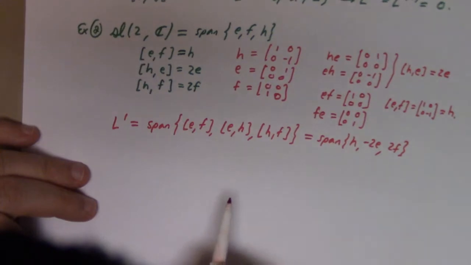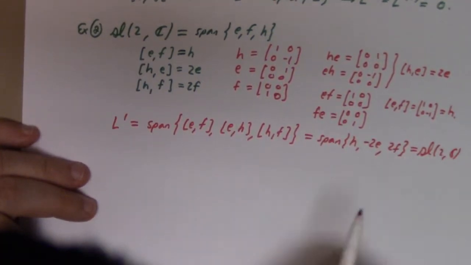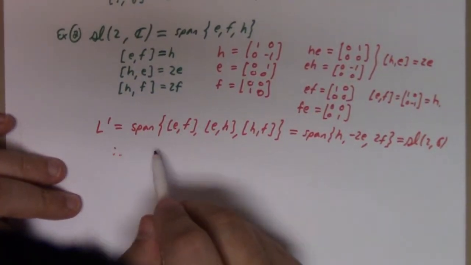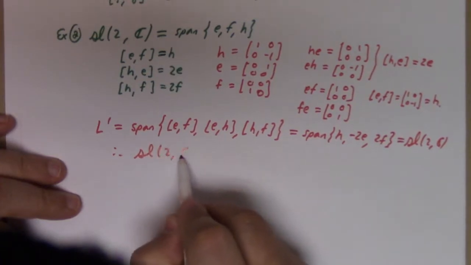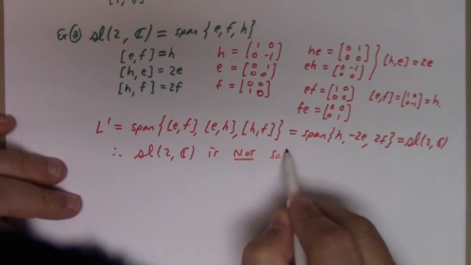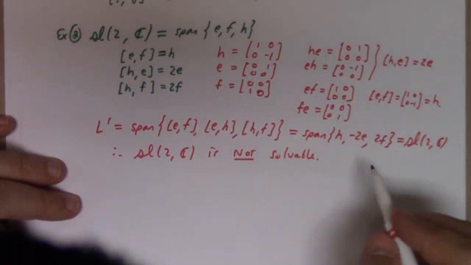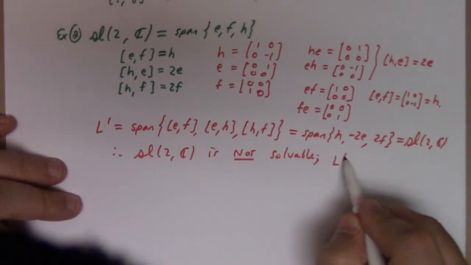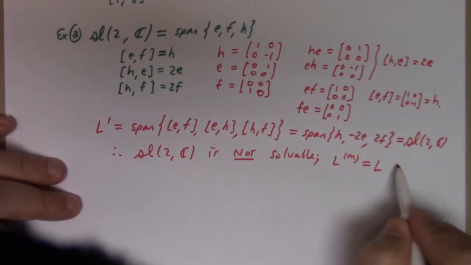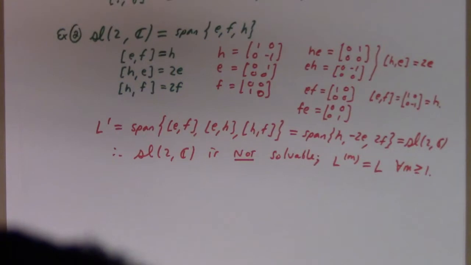So it's not hard to see that that's exactly SL2C again. Therefore, SL2C is not solvable. And moreover, we have that the mth derived algebra L^m is just equal to L for all m greater than or equal to 1. So the series stabilizes to just L itself.